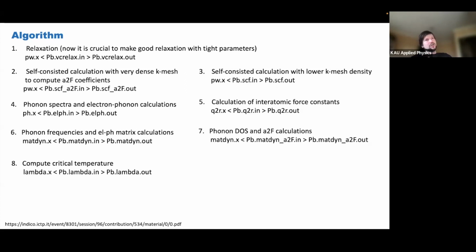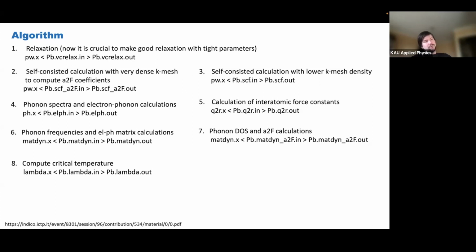On each step, something can go wrong. And this example is very easy. It's just plumbum, lead. It's only one atom in the unit cell.